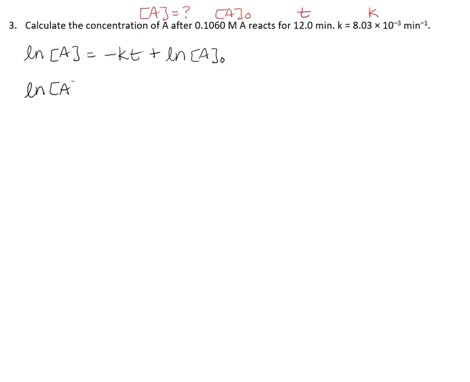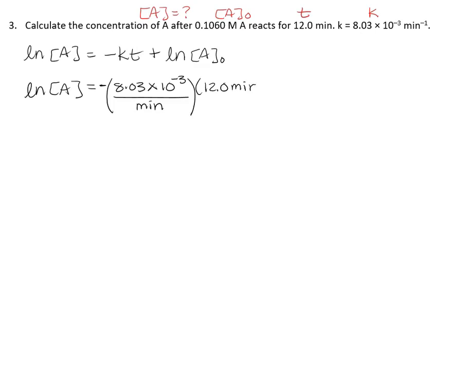I think that way is easier than trying to combine everything into an exponent for the antilog. You just have to make sure that when you're all done with the calculation, you realize that what you calculated was ln A, and there's one more step. So ln A equals negative K, so negative 8.03 times 10 to the negative 3 inverse minutes, so I write that in the denominator, times T, which is 12 minutes, 12.0.